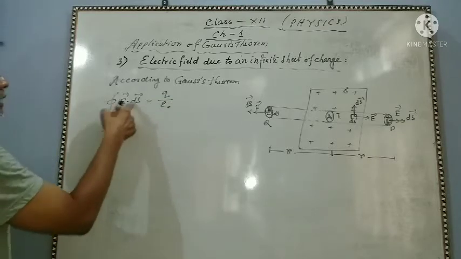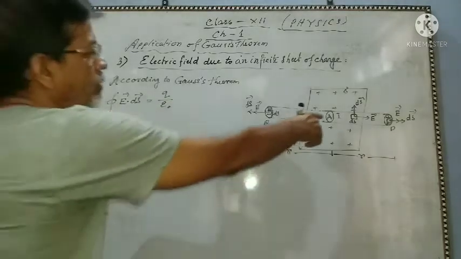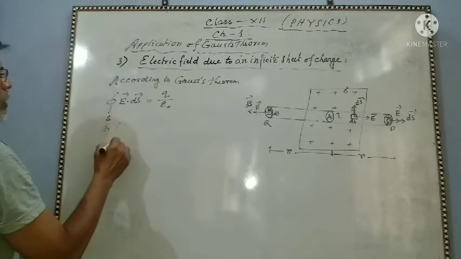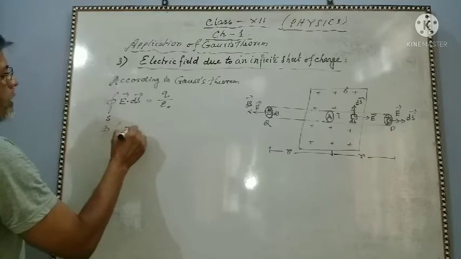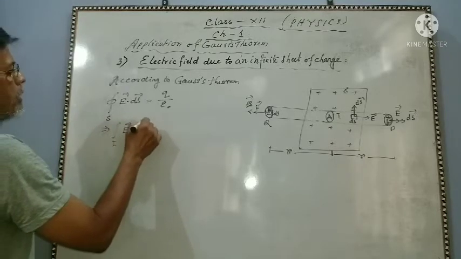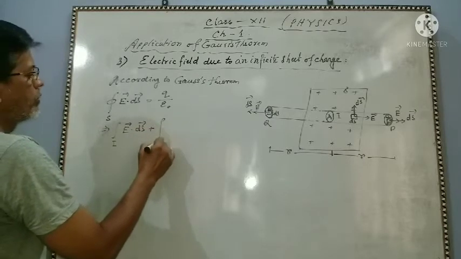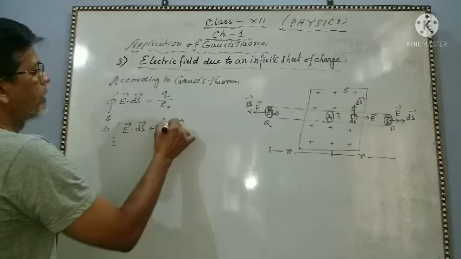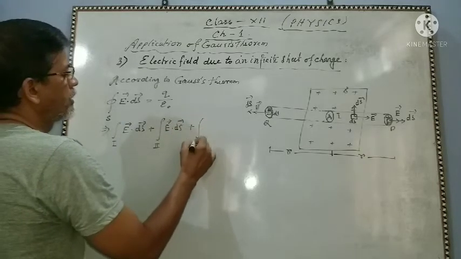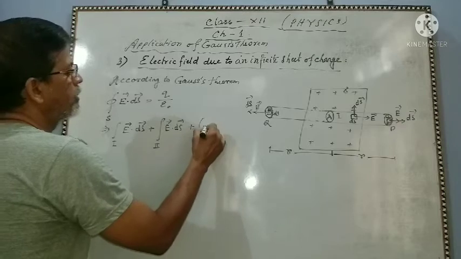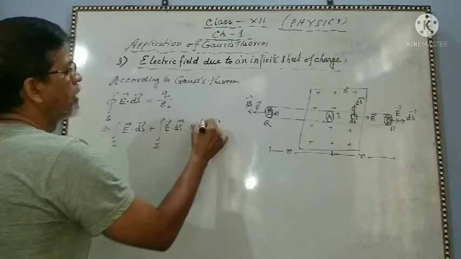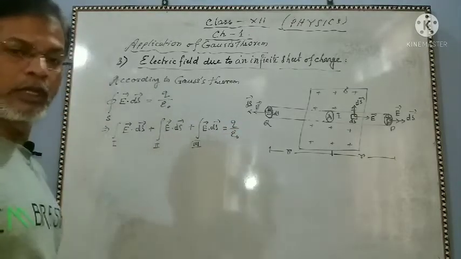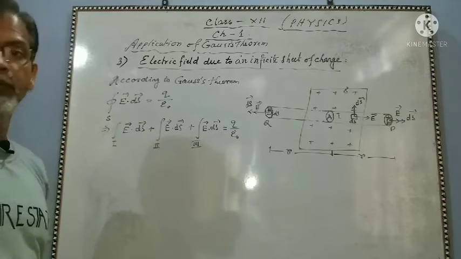Divide this into three parts: part 1 E dot ds, part 2 E dot ds, part 3 E dot ds, equal to q by epsilon naught. Clear? It is divided into three parts.